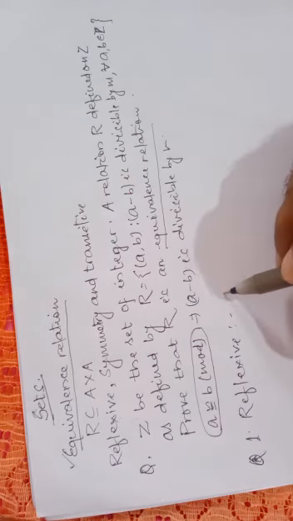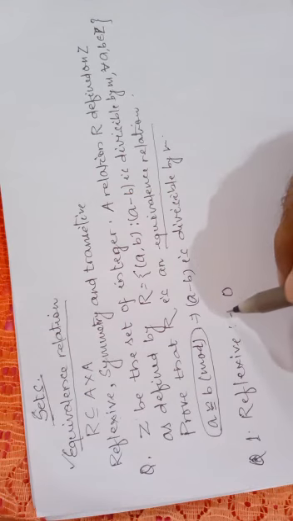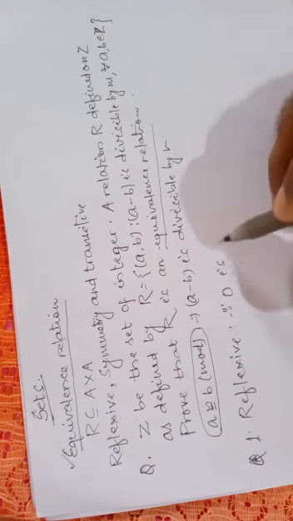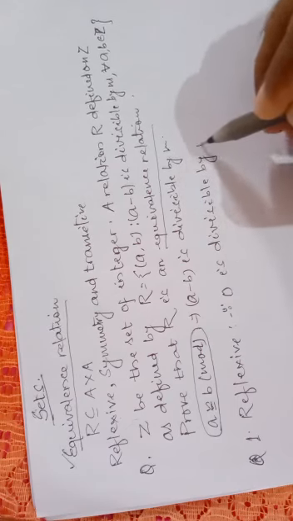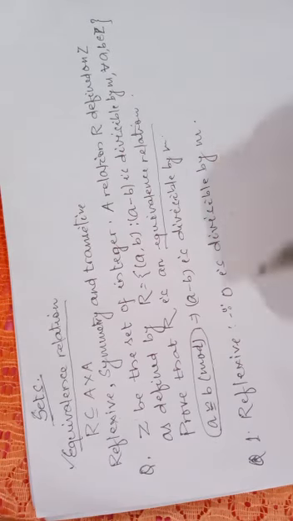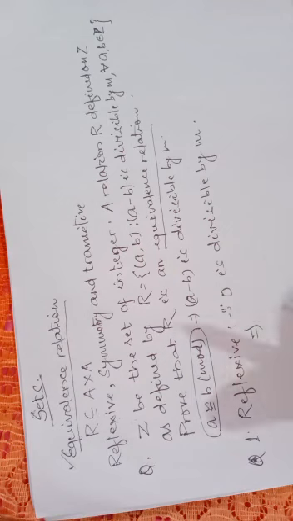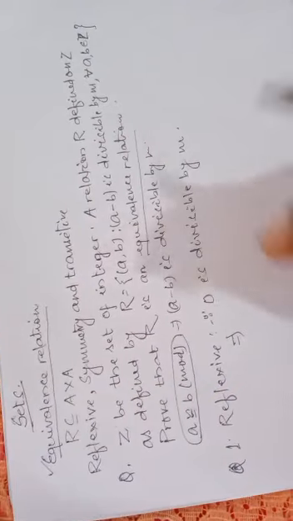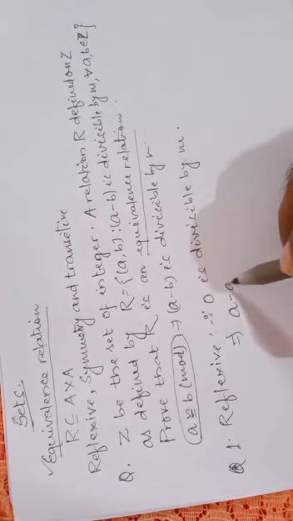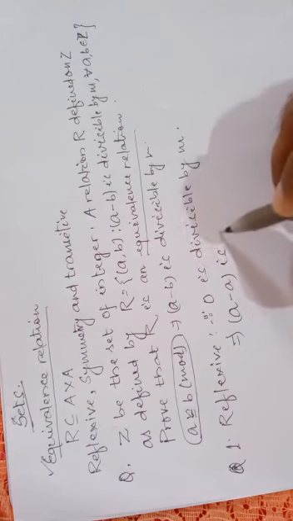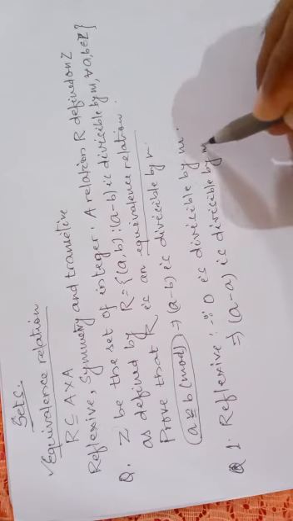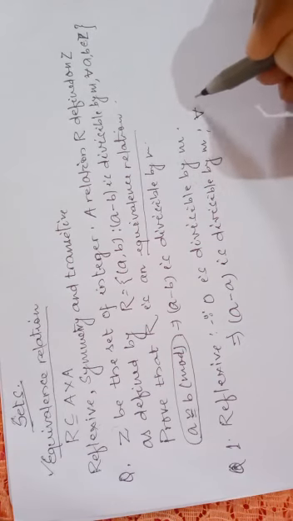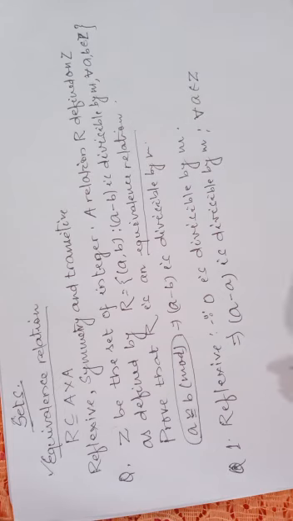Zero, since 0 is divisible by M, and 0 is the difference of two same numbers, that means A minus A is divisible by M for all A belongs to Z. See what is given.